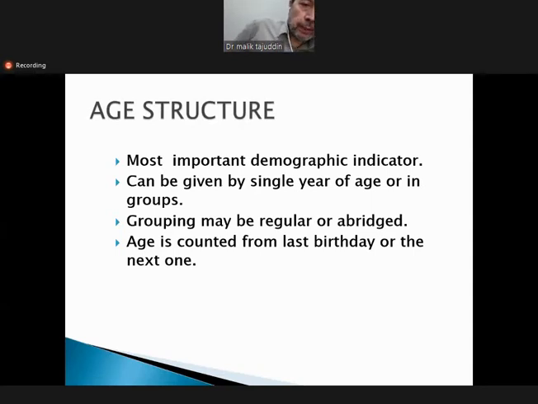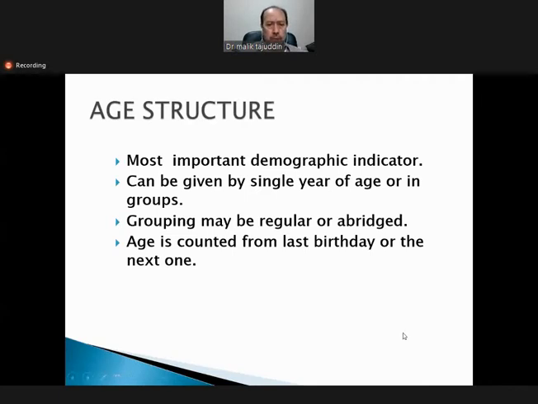So age and sex, two indicators, are the most important demographic indicators in demography, and they can be given in a single year or in groups of years. You can draw the graph or bar charts or histograms of this age structure in a single year or in a group of years. For example, 5-year slots, 0 to 5, 5 to 10, and similarly.